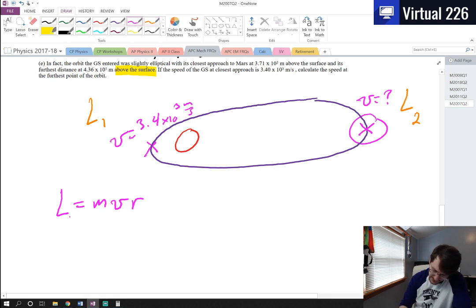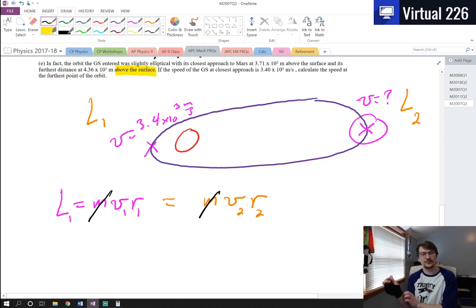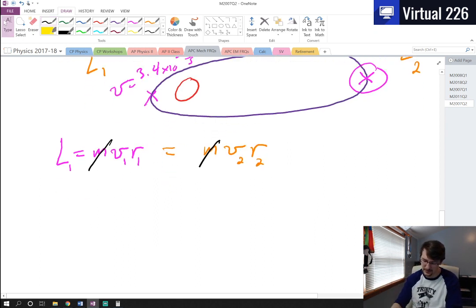So L1 equals mvr, and it must equal mvr with the second velocity and second position. We quickly see the mass goes away, which is very nice. The mass of the rover almost never matters.